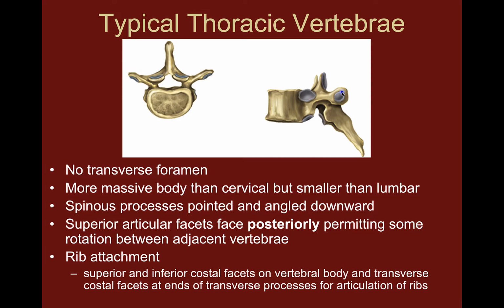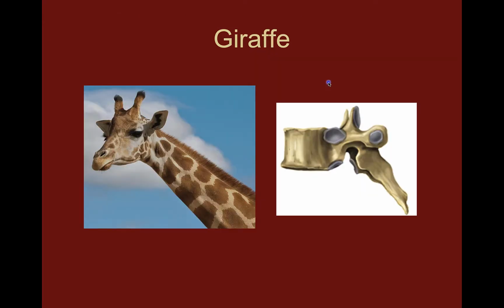Now the term costal means rib, and so here we're going to have a rib articulating. Down here, a rib is going to articulate, and right here, a rib will articulate. When we hear articular process and facet, you should be thinking that a vertebra is going to articulate at that point.